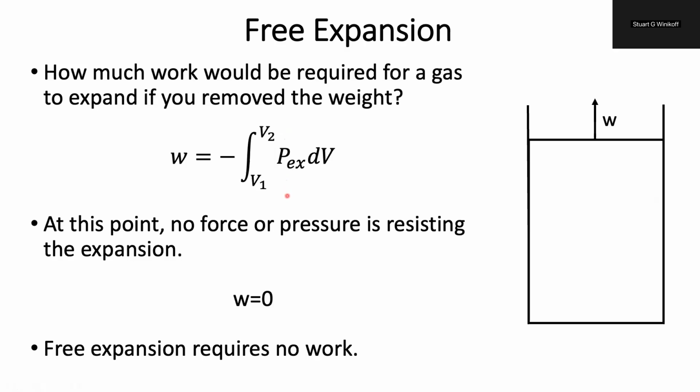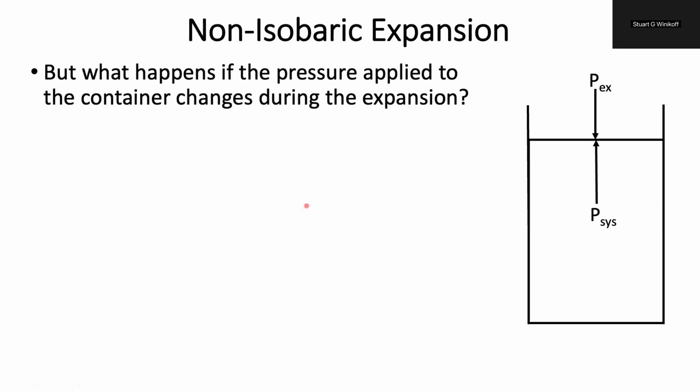Now, we have to worry about another pesky issue, because notice, in both of these cases, we treated that external pressure as constant. But what happens if that external pressure is going to change during the reaction? Now we've got a slight problem here. Because notice we have to take the integral of P dV.